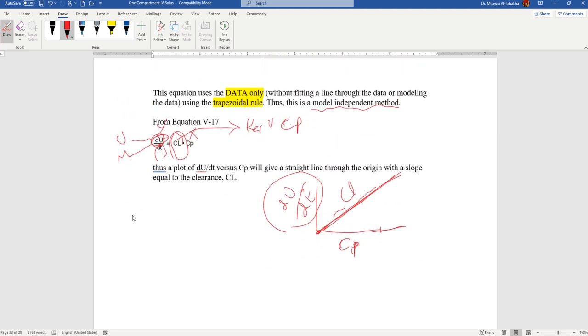Now, again, I already talked about this. This concentration is at what time? Look, we have two times here. Let's say at 5 hours, this is one time, and, this is an example of course, let's say at 6 hours.